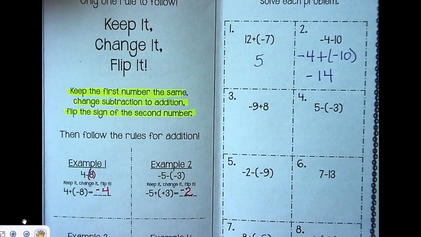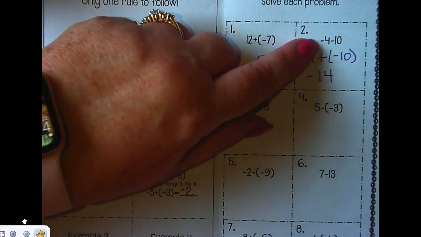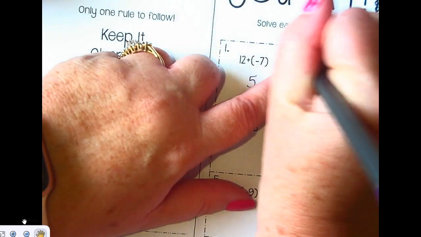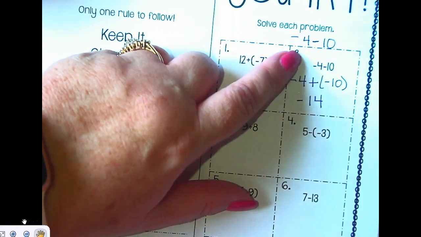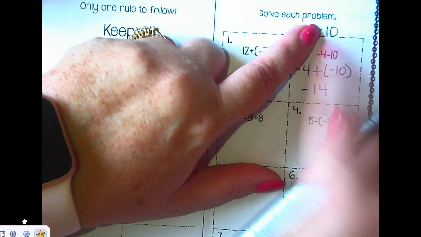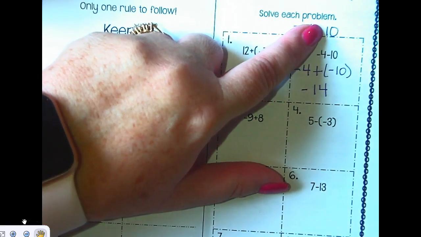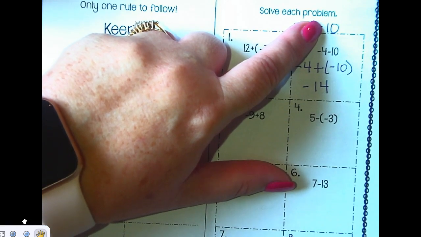All right. Negative 9 plus 8. Spencer? Well, again, you have to look at it like this. It's negative 4 minus 10. So this right here is a subtraction sign. So if you take the subtraction sign away, what is that 10 right there? It's a positive 10.